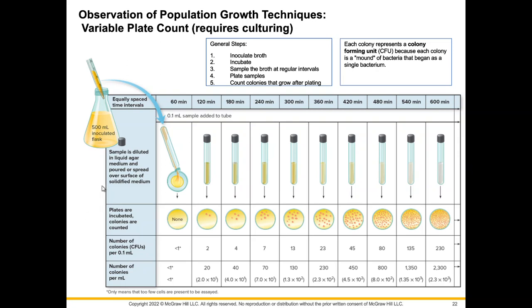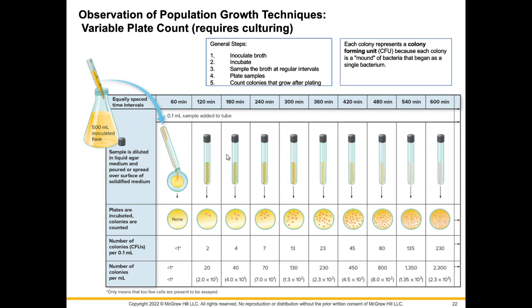I hope that at this point you should expect, without even looking at the picture, that we will see more bacteria accumulate in this inoculated flask the longer it sits there, because initially we have the lag phase and then the exponential phase. Eventually it will die off, like we saw previously in that growth curve, but this is only showing you up to 600 minutes.